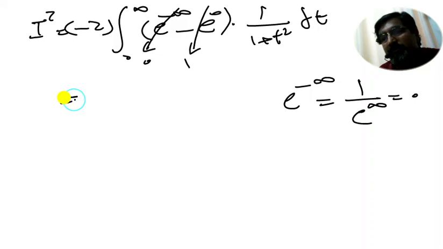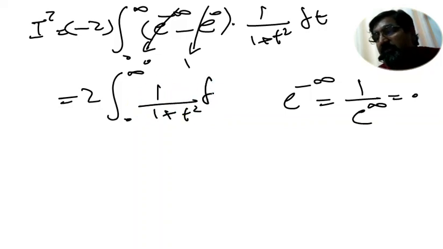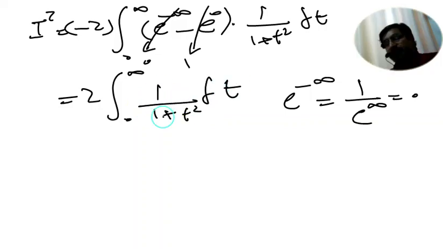Multiplied by minus 2, this is 2 times the integral from 0 to infinity of 1 over 1 plus t squared dt.